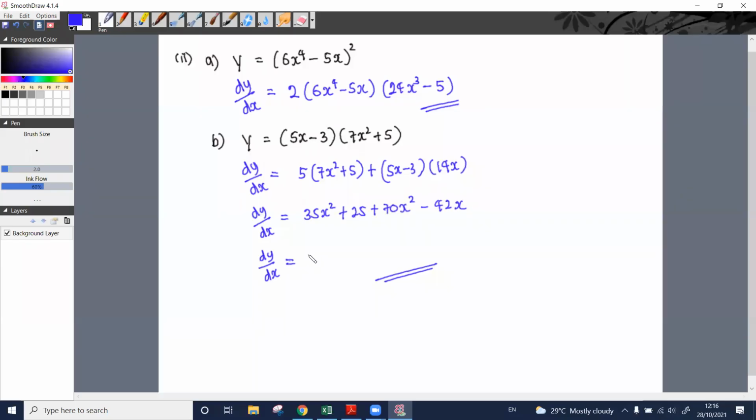So the final answer should be 105x squared minus 42x plus 25. Yes, I have made it correct. So this should be the final answer.